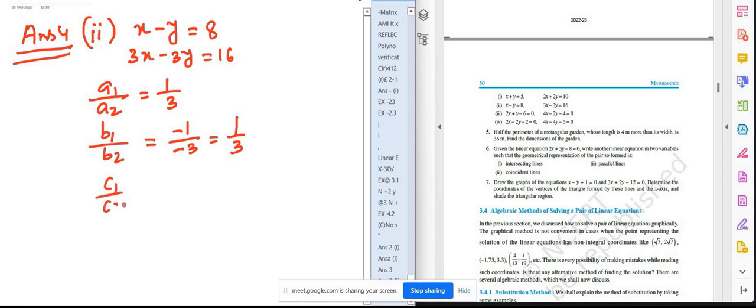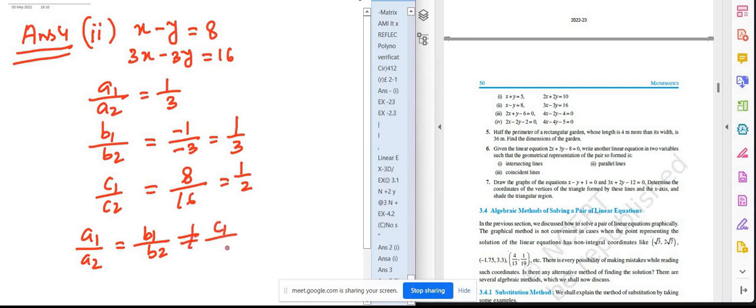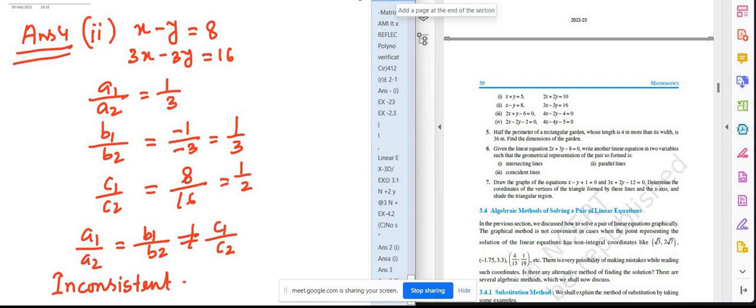And c1 by c2 is 8 by 16, so it is 1 by 2. Clearly a1 by a2 equals b1 by b2 not equals c1 by c2. So if this condition is satisfied, then it is inconsistent. If inconsistent, then no need to draw, because there is no solution, so no need to find. Right.